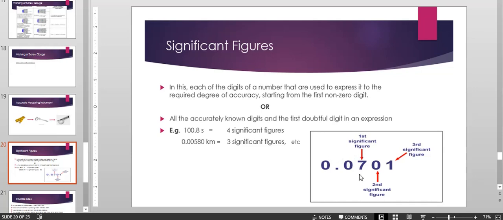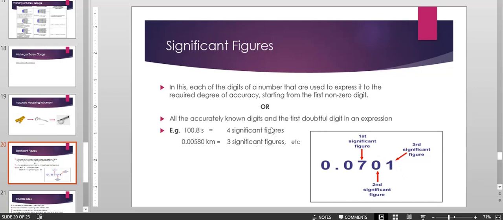But if we have 0 digits before this number, we will not consider them as significant figures. So in this number 0.0701, the first significant number will be 7. The second significant number will be this. And the third significant number will be 1.